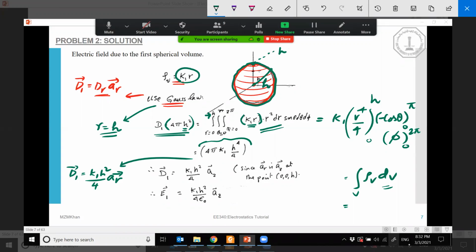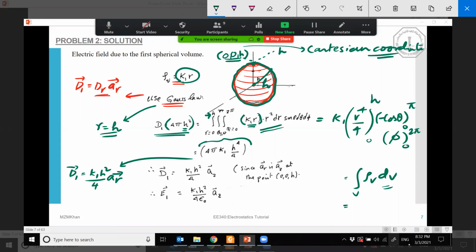This is your answer. But what was our point? Our point was here, and this point was 0, 0, h. But this point is in Cartesian coordinates, not in cylindrical or spherical coordinates.